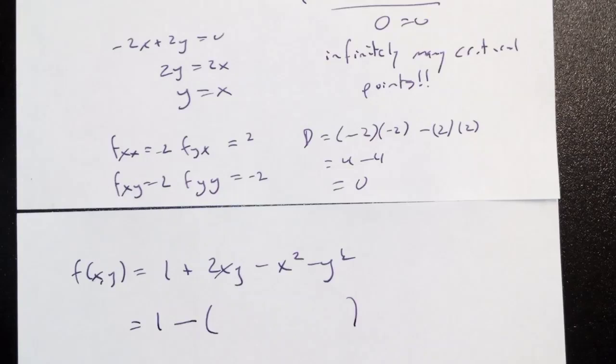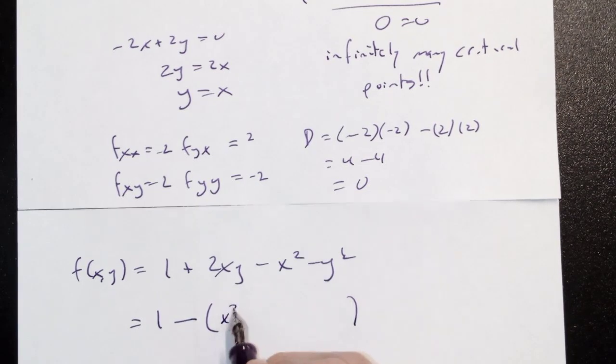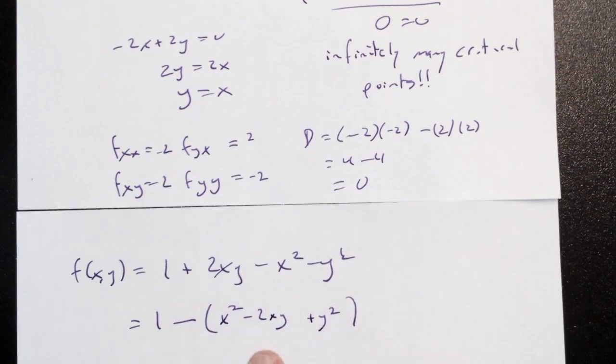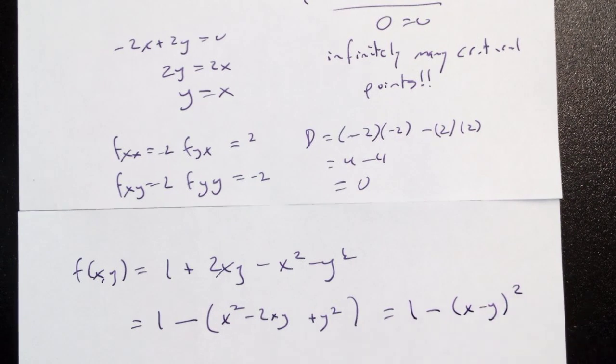What would go inside that set of parentheses if it was 1 minus? Let me write it as x squared minus 2xy plus y squared. And all of a sudden I say, wait a minute, I know that pattern. That's a square. This is 1 minus the quantity x minus y squared. 1 minus something squared, that's a parabola that goes down, isn't it?